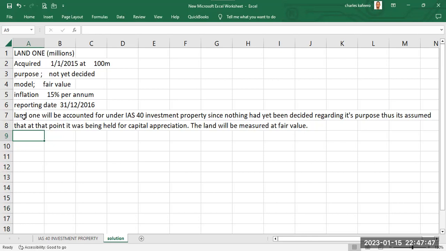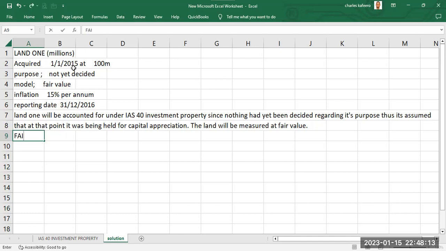So if you're going to be using the fair value, then we need to know what is going to be the fair value, because this asset was acquired on 1st January 2015. Then at the end of the year, that is as at 31st December 2015, what is the fair value of that asset? That's basically what we are going to be looking for.